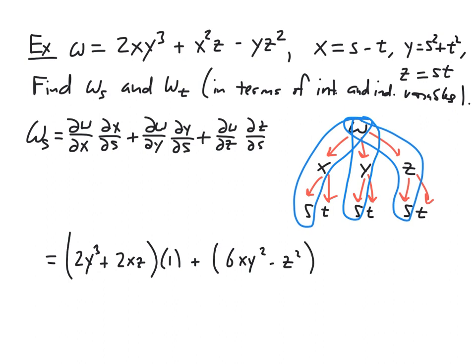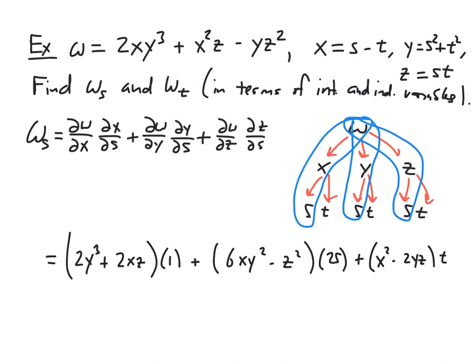Del y del s will be 2s. And del w del z is going to be x squared minus 2yz, and del z del s will be t.